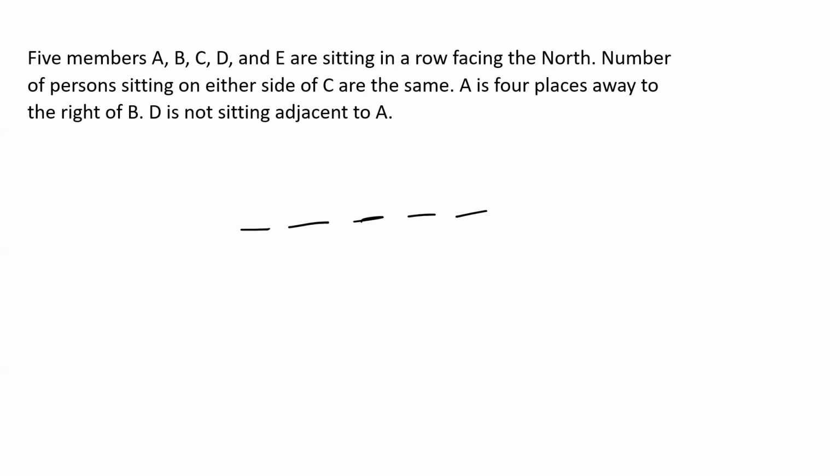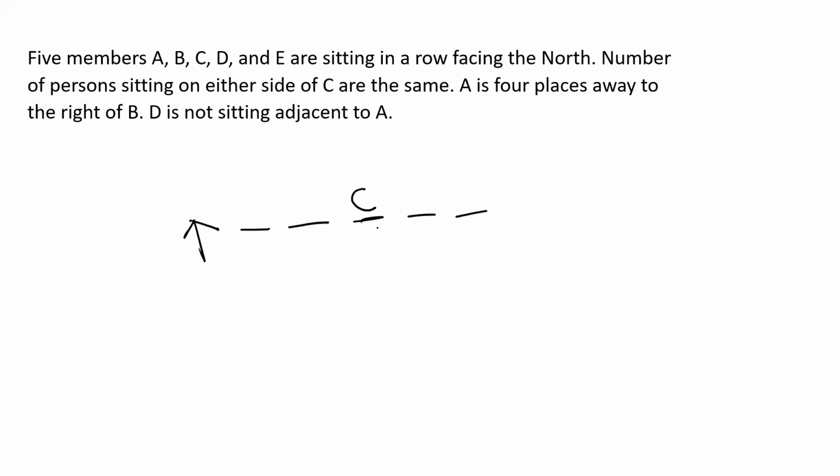You need to remember one thing, that while working on a paper, the direction we face is north. Let me start with the first one. Number of persons sitting on either side of C are the same. It means that the number of persons sitting to the left of C is the same as the number of persons sitting to the right of C. So C has to sit exactly in the third position among the given 5.